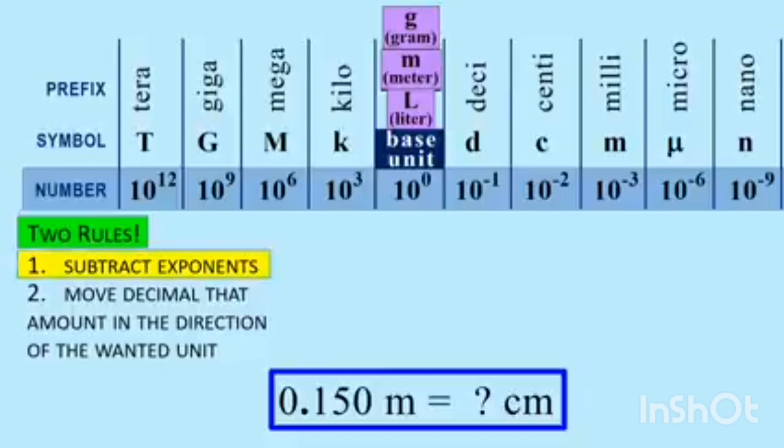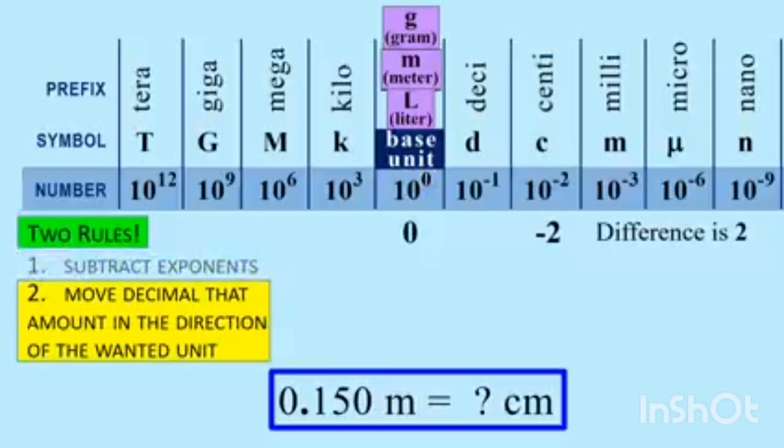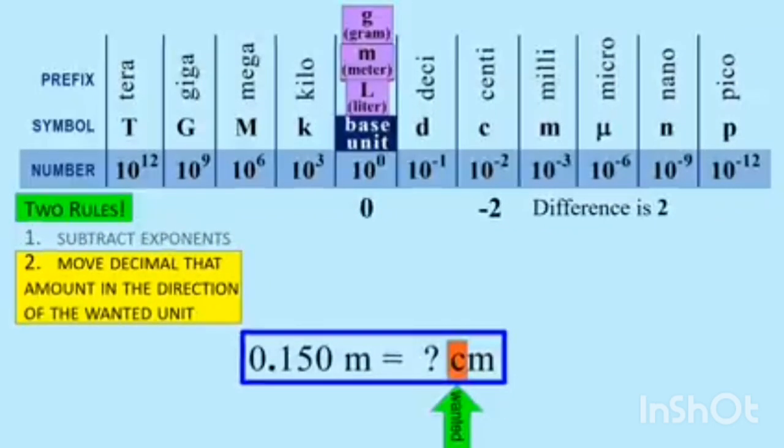First is to subtract exponents, so we have meter with an exponent of 0, and we want to get to centi with an exponent of negative 2. Write down the exponents and subtract, giving a difference of 2. Now we will move the decimal that amount in the direction of the wanted unit.